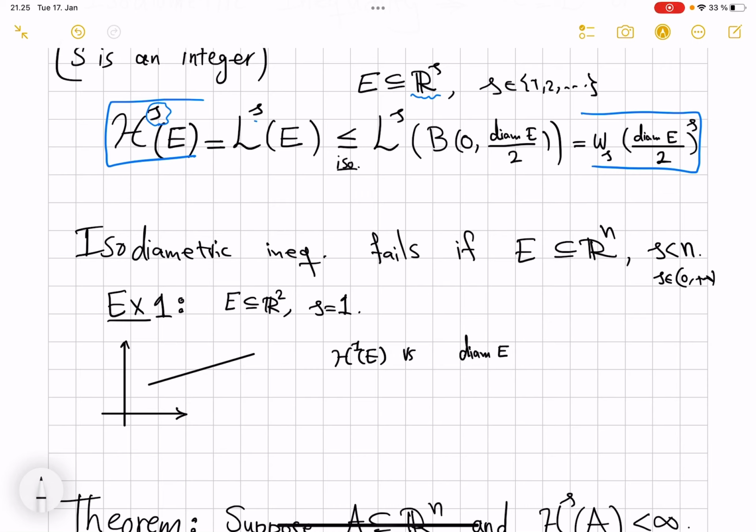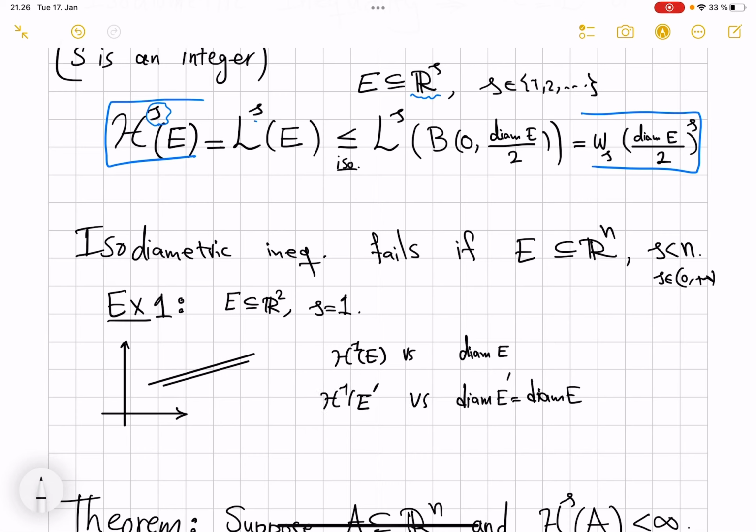But now you can just add a parallel line pretty close to it, and you can also avoid a buffer zone at the end, so that this new set, E prime, made of two copies, will have the same diameter as E itself, because you just compare the farthest pair of points from one another.